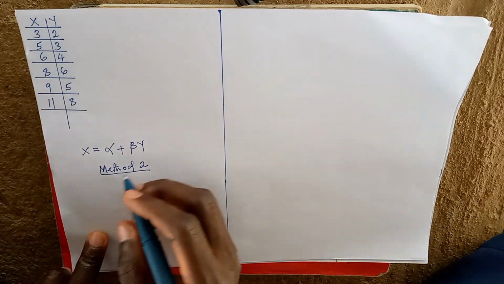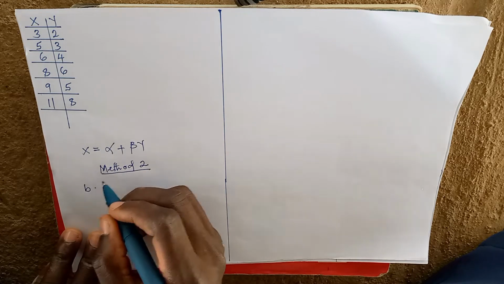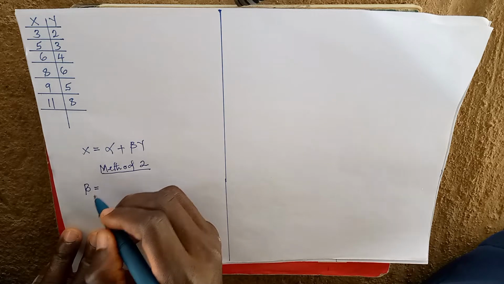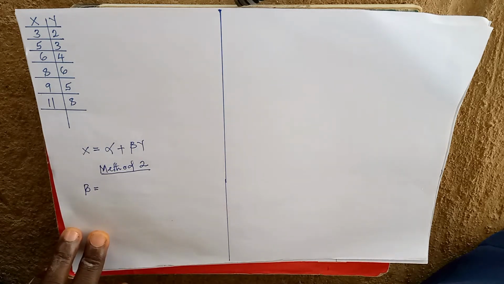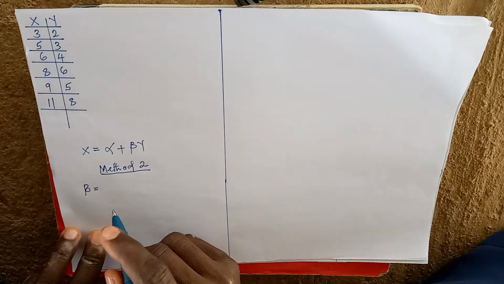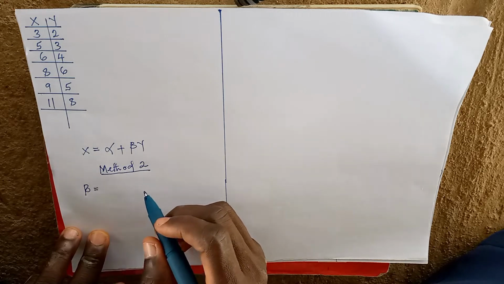We're talking about beta. Beta equals summation xy divided by summation y squared.